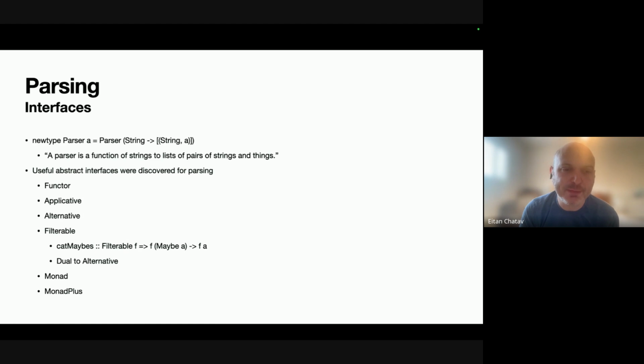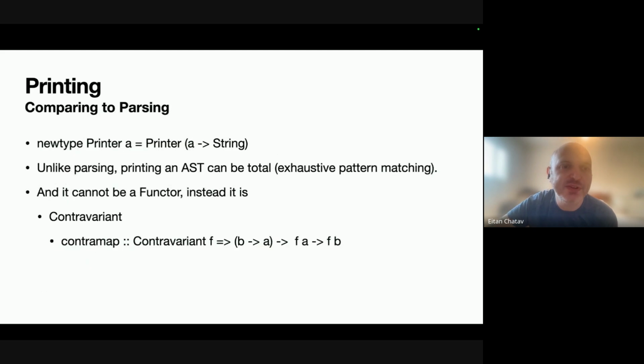You can think of that because catMaybes, if you reverse the arrow, has the same signature as optional, which is a function defined for alternative. And then two other ones that we won't talk about too much are monad and MonadPlus, also useful interfaces for parsing.